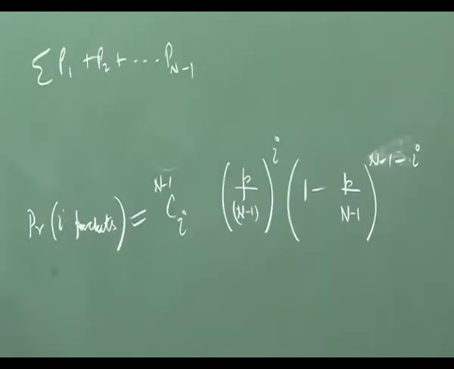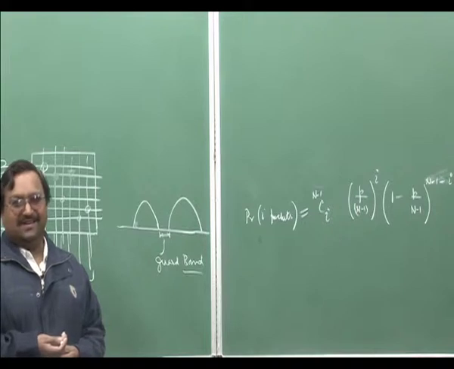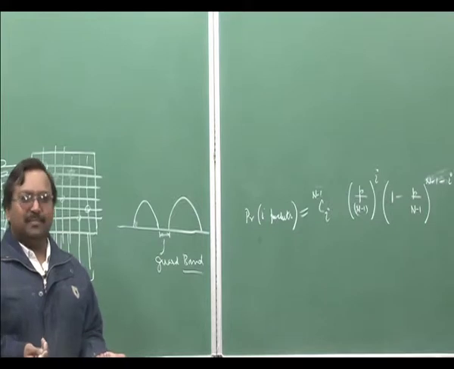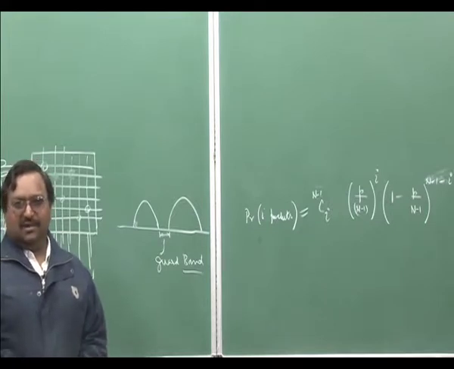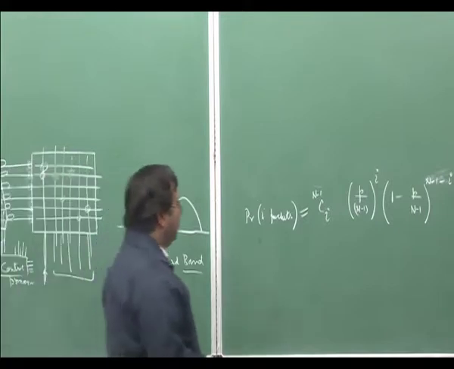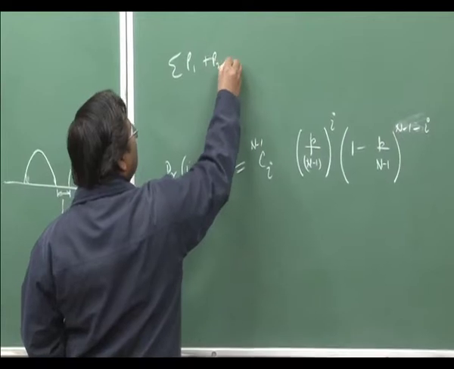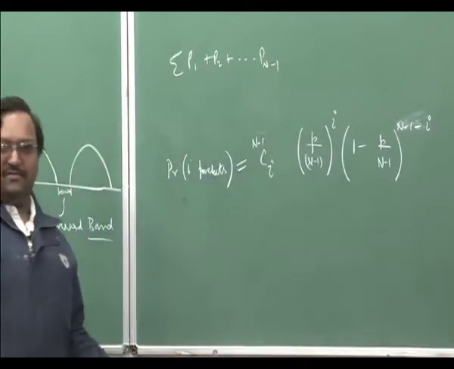So when you receive no packet in a slot, I is equal to 0. If I is equal to 1, or 2, or 3, you will always get only one packet, and the remaining will be dropped. So if I sum up all the probabilities from P1, one packet received, till P n minus 1, I will only always get one packet.